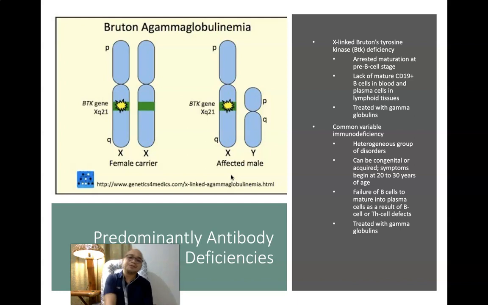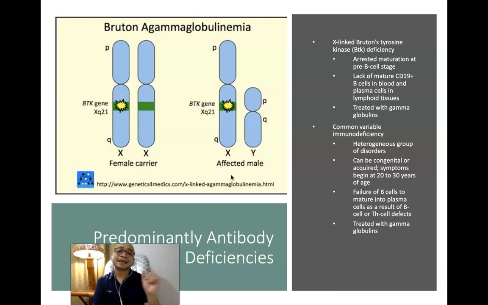Okay. So we also have the so-called common variable immunodeficiency. It is a heterogeneous group of disorders, and this could either be congenital or acquired, and that makes it different from the X-linked form, because X-linked is always congenital. Another difference is that in common variable immunodeficiency, symptoms may begin between 20 to 30 years of age, unlike in X-linked, which usually manifests right away as soon as you are born.